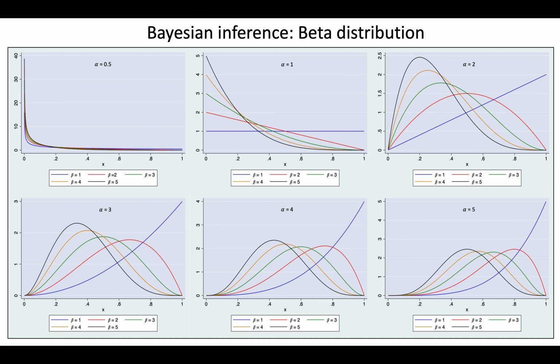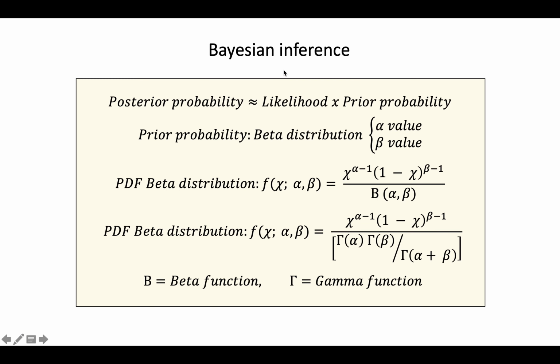And then based on this, you can see how different the shape of the curve is based on whatever you choose for the alpha value. The beta distribution basically has two components, the alpha value and the beta value. So they are plotted here in the equation, alpha and beta.